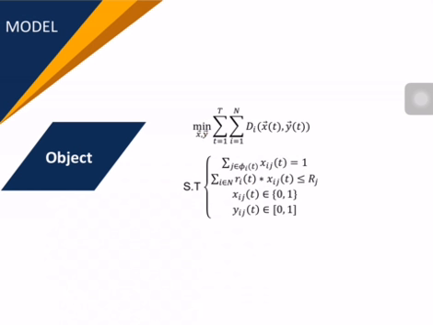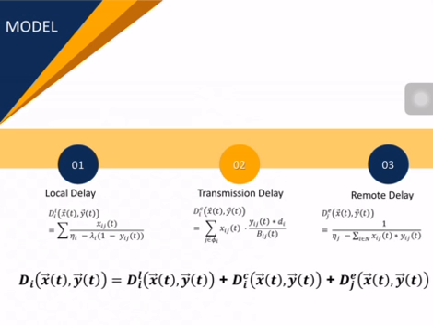So, to address this difficult problem, we divide the overall processing delay into two parts: user side latency and edge side latency. User side latency consists of the local delay and transmission delay, which only rely on the user's own decision. Edge side latency is the remote delay.